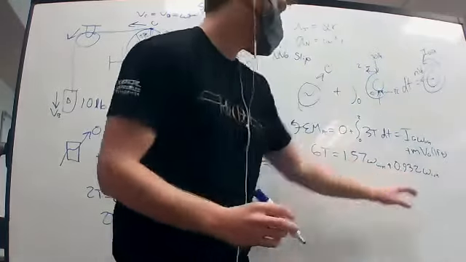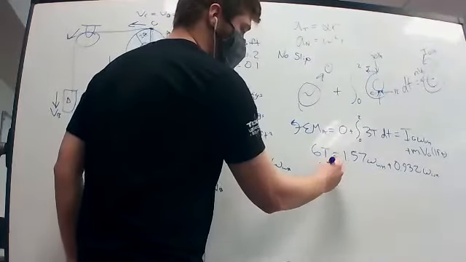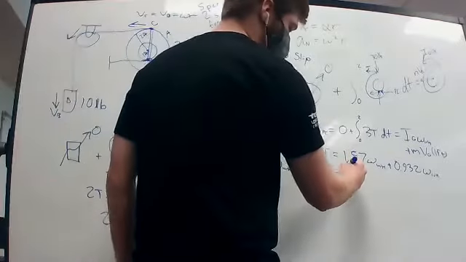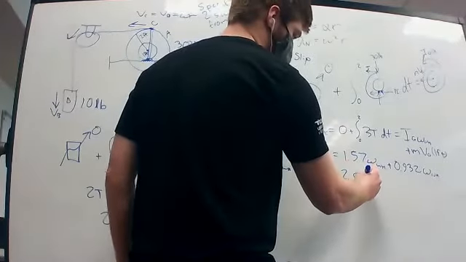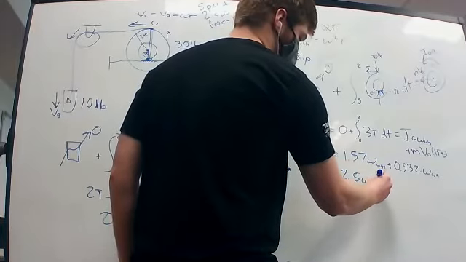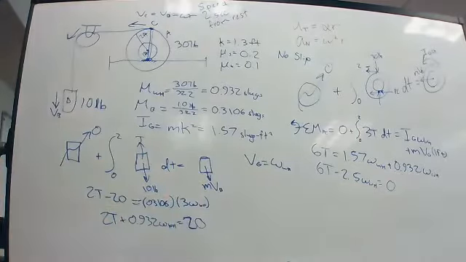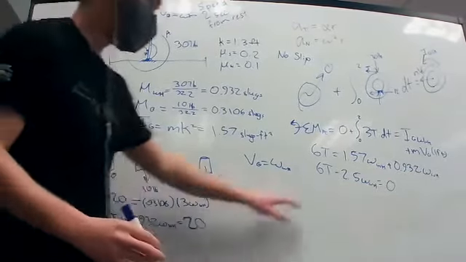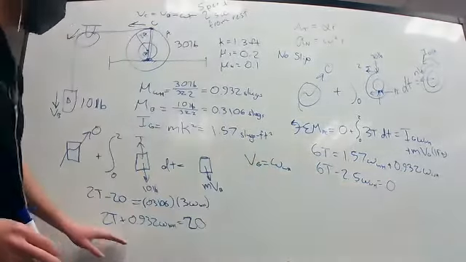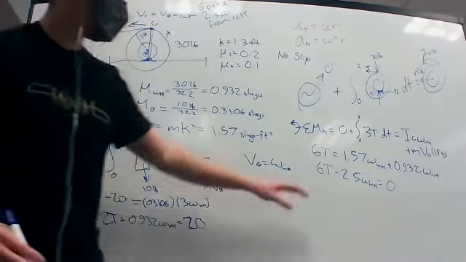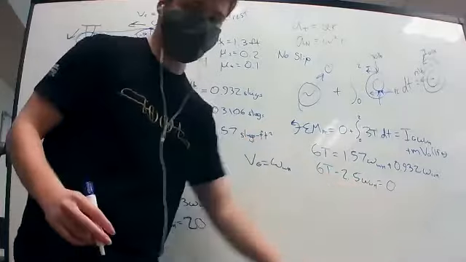We can then combine these two and say 6t minus 2.5 omega of the wheel is equal to 0. So then we have our equation 1, our equation 2. You can set this up in a matrix with 2, 0.932, 20, 6, minus 2.5, and 0.